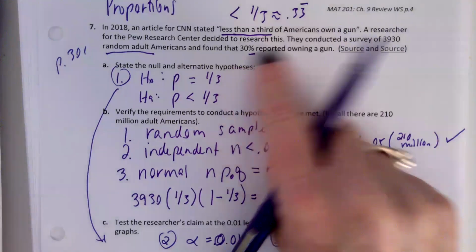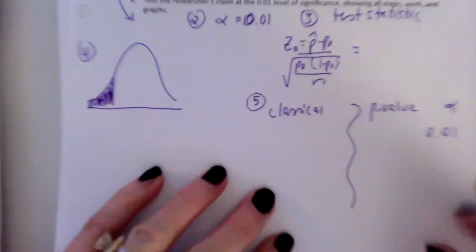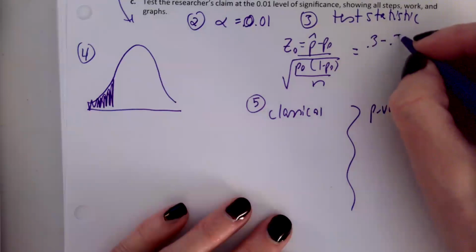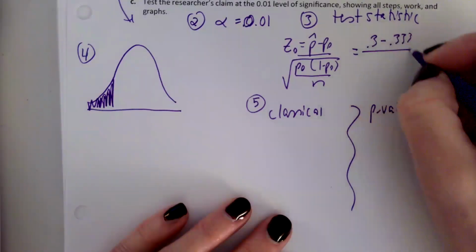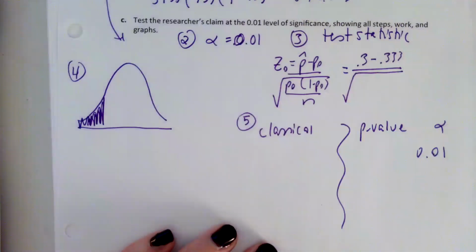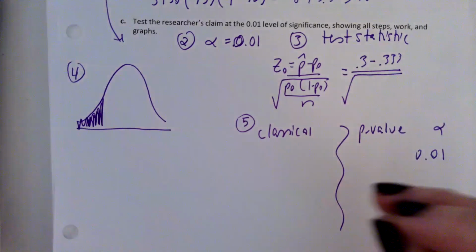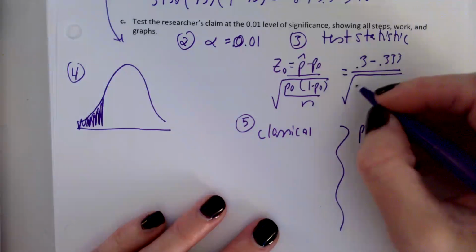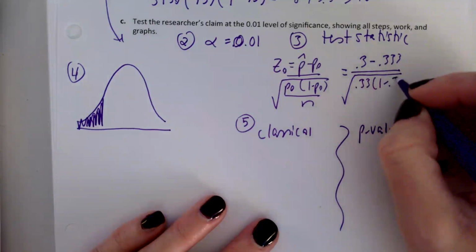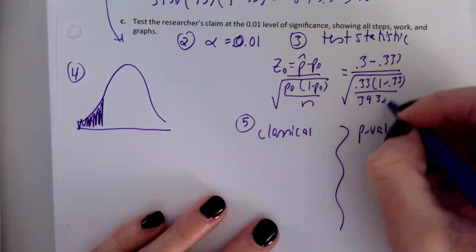So when they surveyed those people, they said 30% reported owning a gun. So this is 0.3 minus the 1/3, which is 0.333 repeating. If you put this in Desmos, if you use 0.33 versus 1/3, it'll just be a slightly different value, and it should still be fine. So the 0.33 times 1 minus 0.33 over the 3,930.